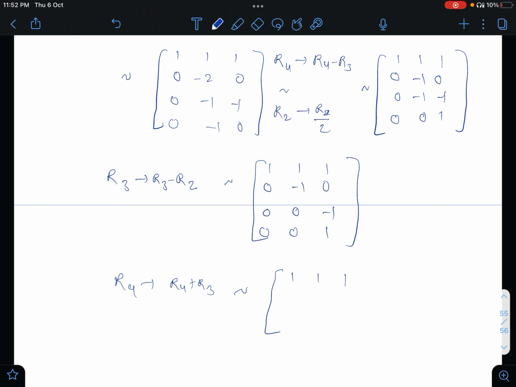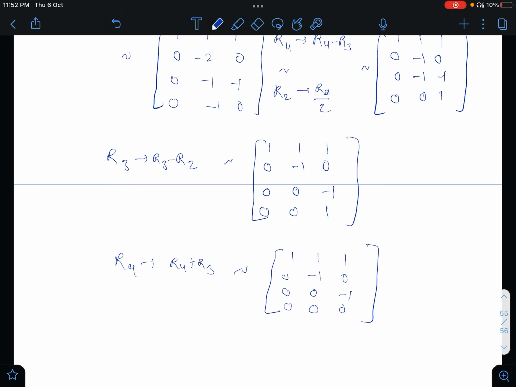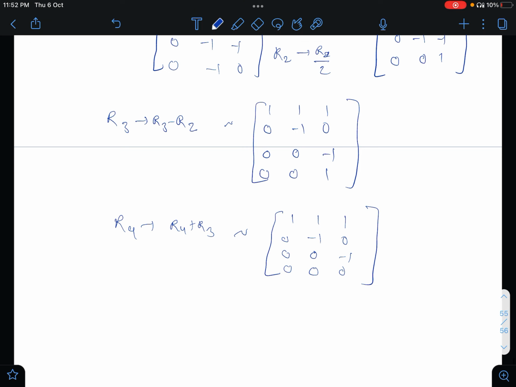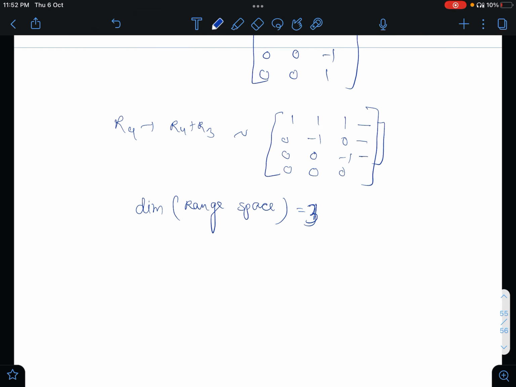This gives us [1, 1, 1; 0, -1, 0; 0, 0, -1; 0, 0, 0]. So this is the row reduced echelon form. It has three non-zero rows. That means the dimension of the range space is 3, so the rank is 3.